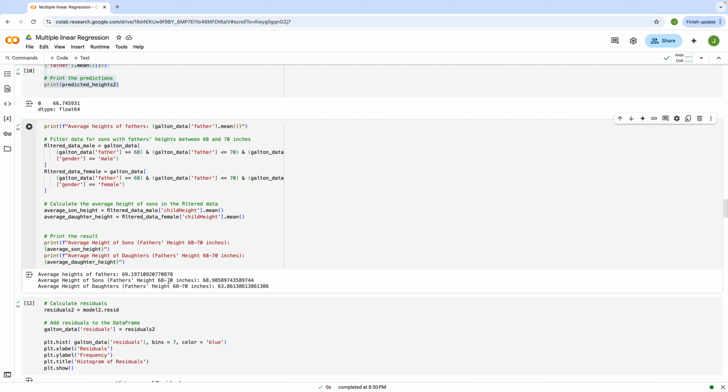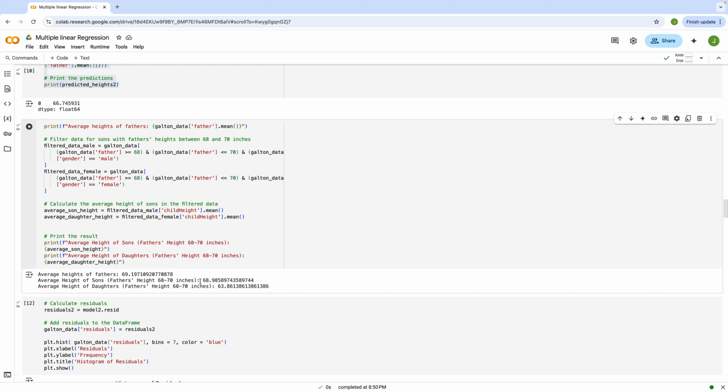I included an interval because there might not be enough fathers that are exactly 69 inches, since heights are on a continuous range. The interval contains 69 inches, which is basically the average. It's a little under it.